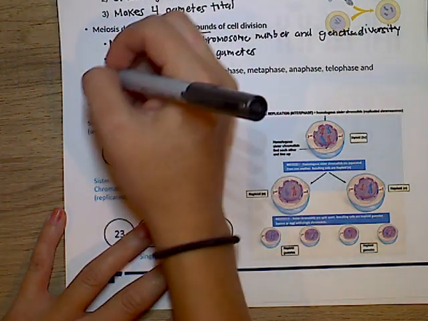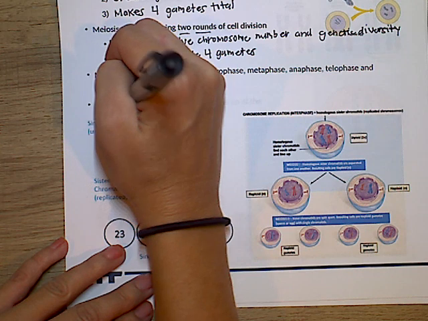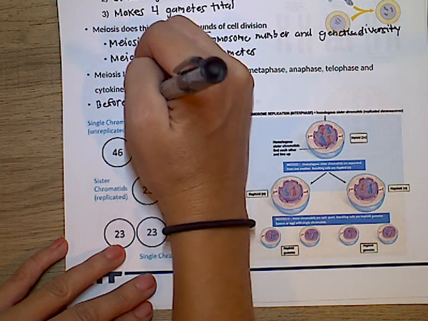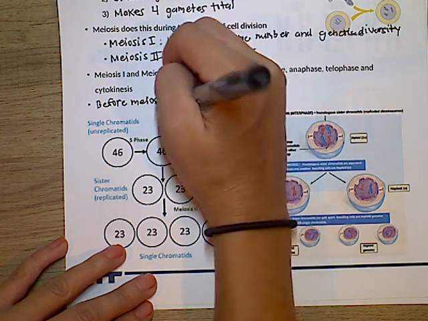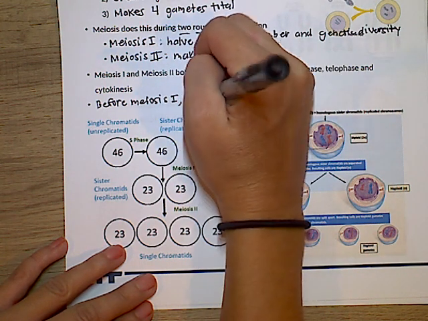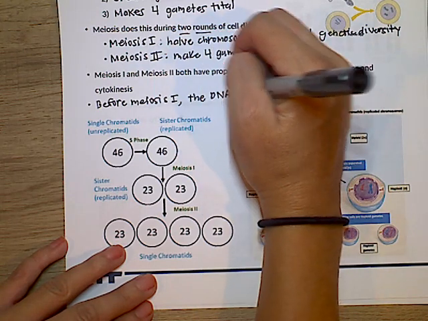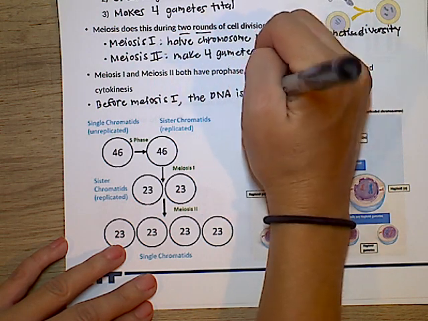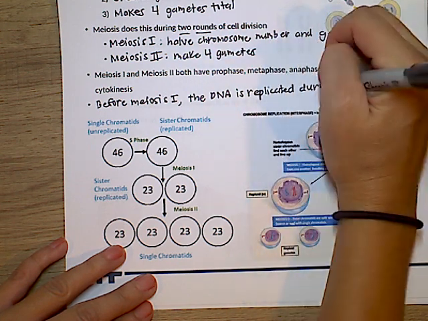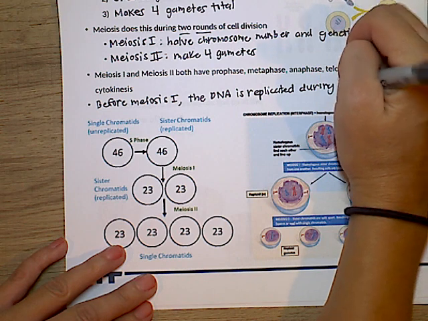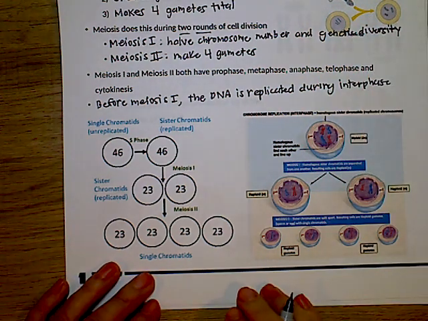So before meiosis 1 even starts, the DNA is replicated. During interphase, which remember is the majority of the cell cycle.